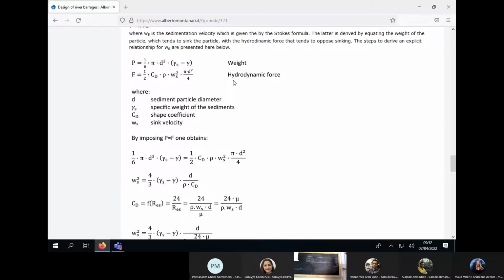Now, first of all, some rules of thumb for the sand trap. The depth of the sand trap, let me call it H, is about 50 centimeters. So it's not very deep for two reasons. First, if it is deep, it takes a long time for the suspended particles to get to the bottom.